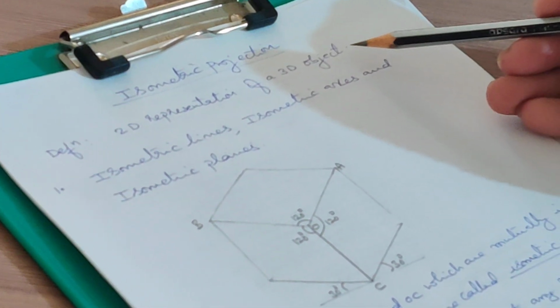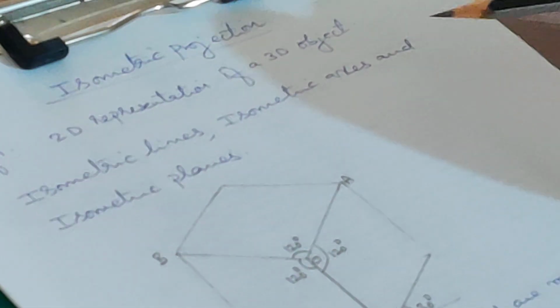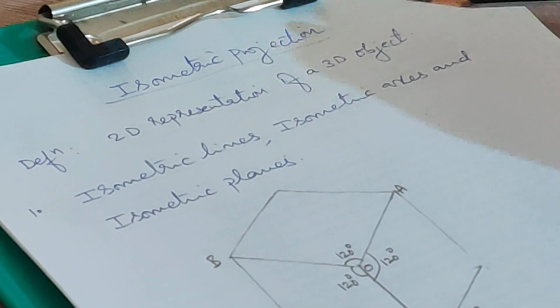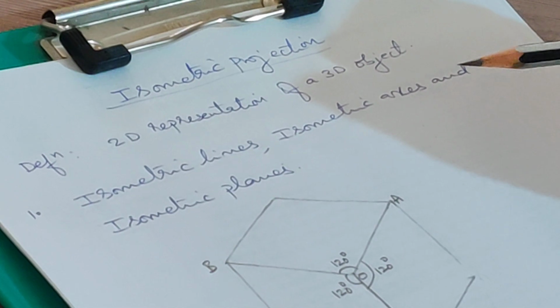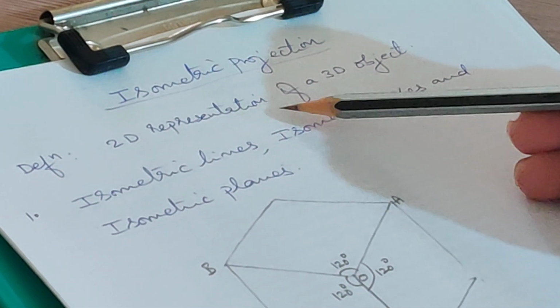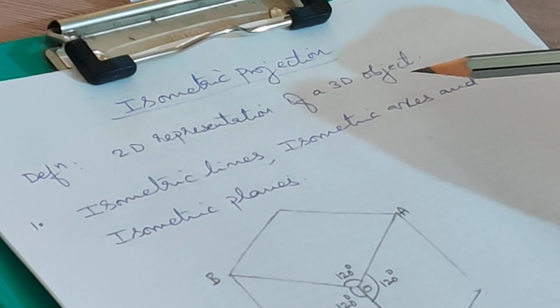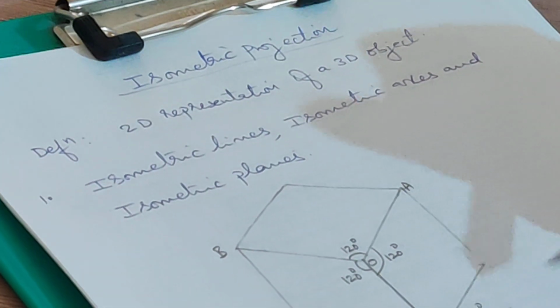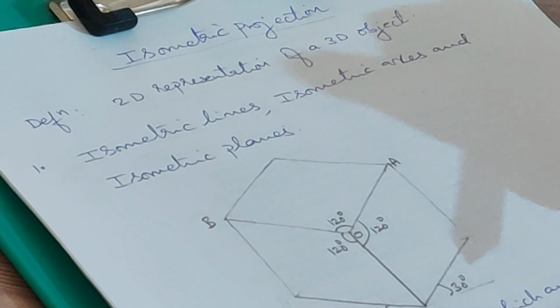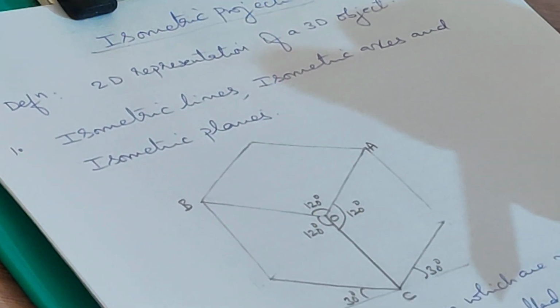How best you can represent a 3D object on a plane of paper is what isometric projection is all about. So it is a 2D representation of a 3D object. That's the definition. Now some notes for you to take down. I will give you some time for you to take down these notes.